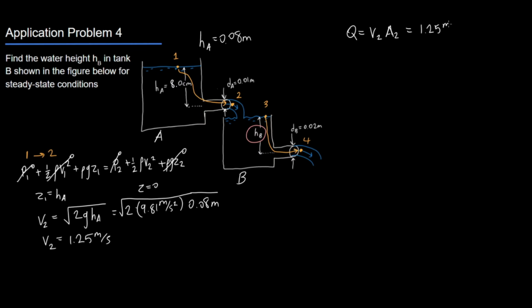That'll be 1.25 meters per second times pi over 4. This is the area equation, by the way, for right here, d1. And this is where I'm getting the diameter, 0.01 meters squared. This is 1/4 pi r squared. And that's just literally the area equation of a circle. So if you don't know that, unfortunately, you've got some big problems.